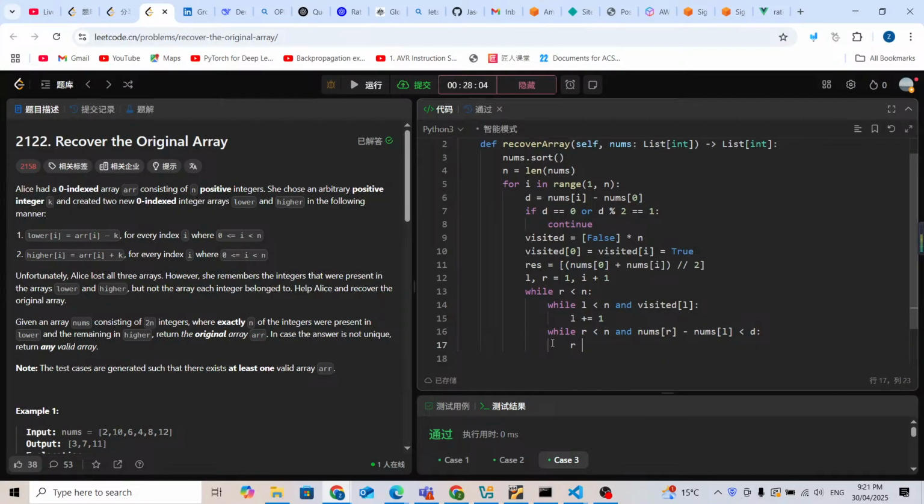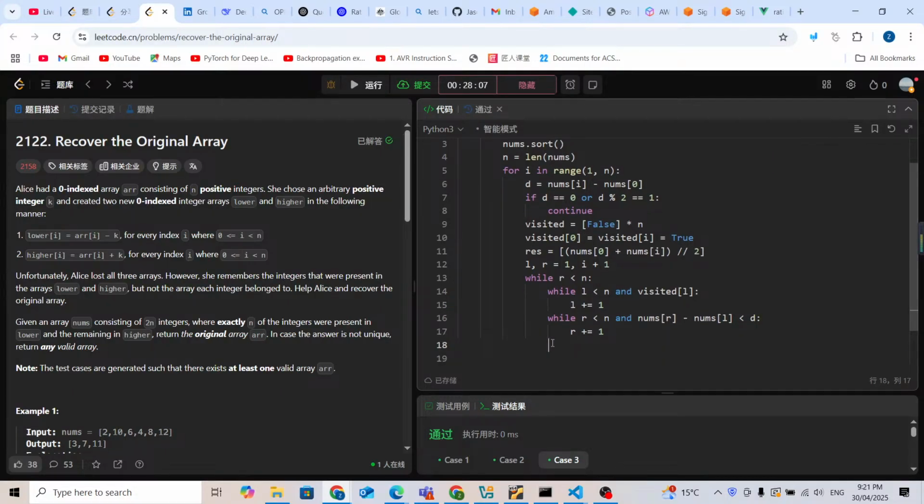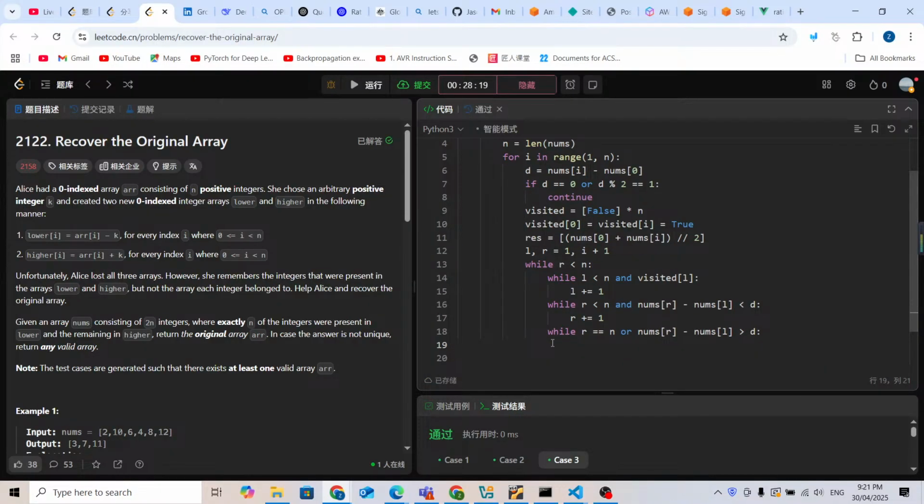It means r plus equal to 1. We want to make it possible. Still, while r equals n, or nums r minus nums l is more than d, this means it is not possible. It is too big, because we want to fix it to be d, and it is more than d. It is not possible, so we're going to break it.